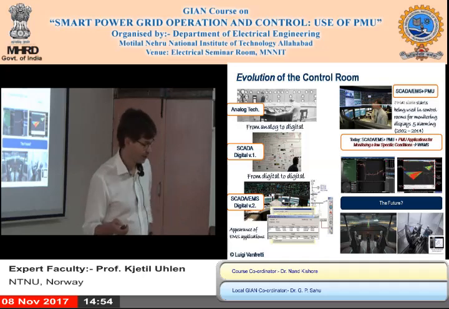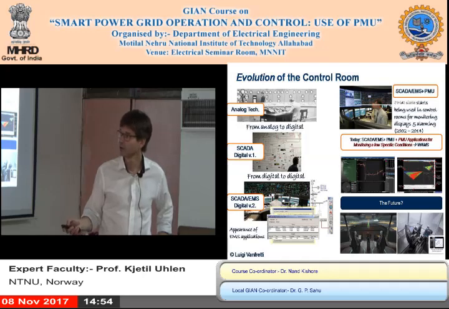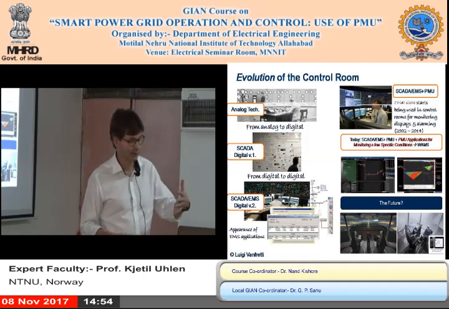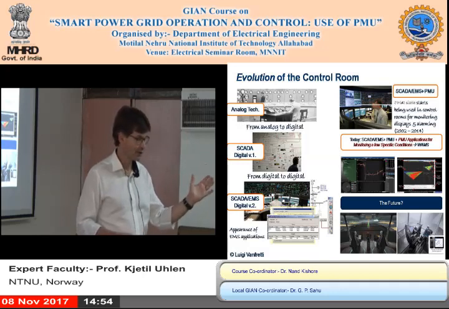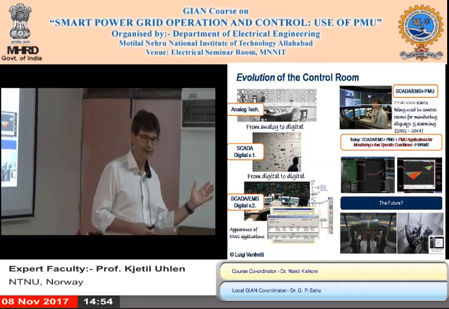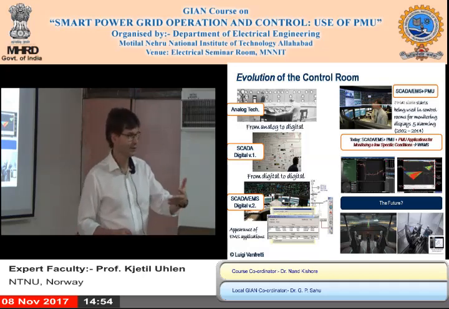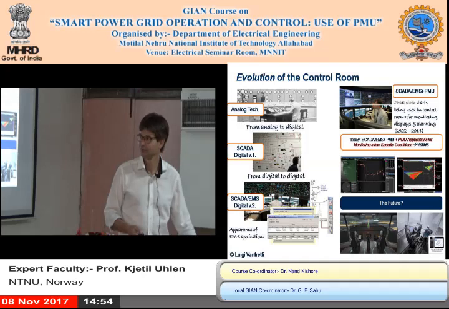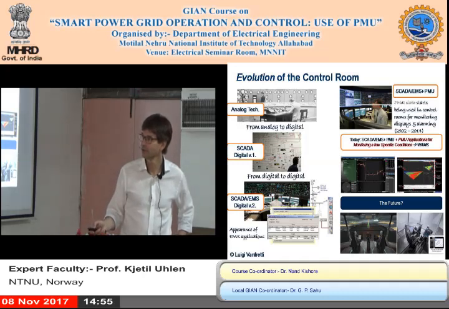I would say in the change from the analog instruments to the digital, they lost some information, I think, because with the analog instrument you could easily see power oscillation and how things work. Having the information in a digital form, you don't really do that.